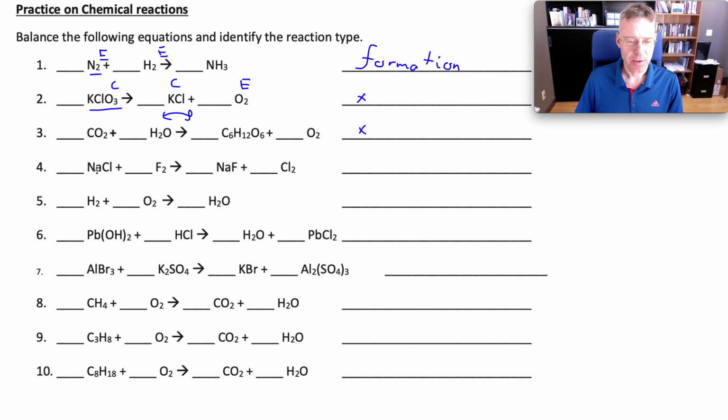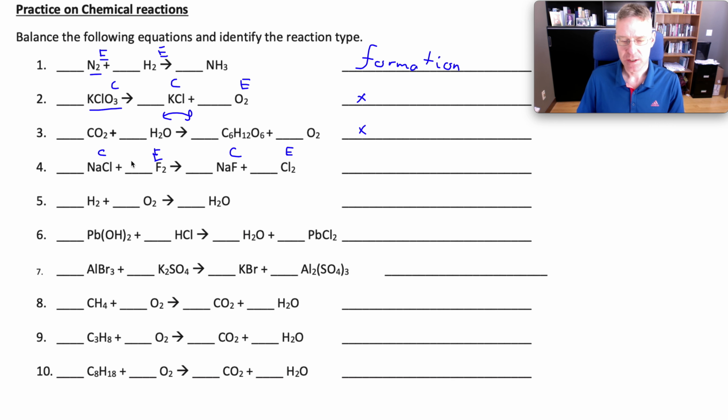Next reaction type, we have NaCl. So this is a compound that is reacting with an element. We have just the fluorine element. Now fluorine comes in pairs, and we make a compound and another element. So this is an example of a single replacement. In single replacements, 2 like species will switch.